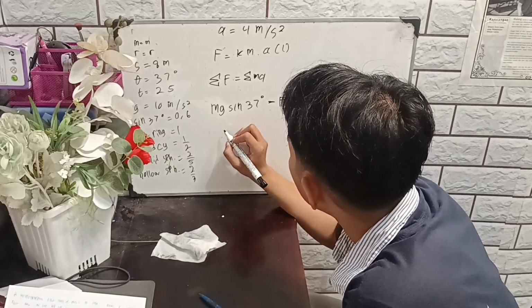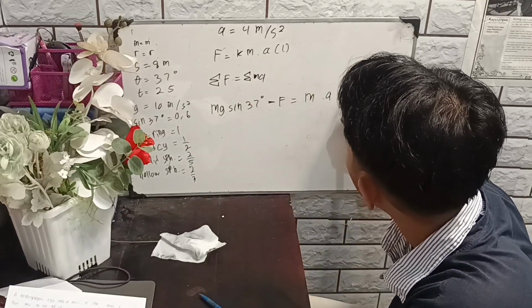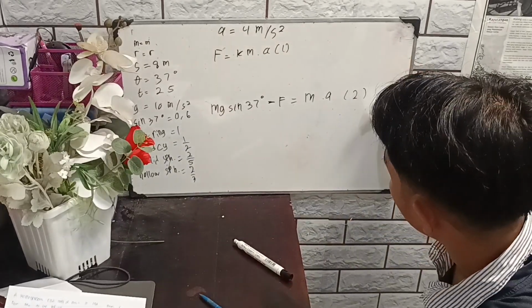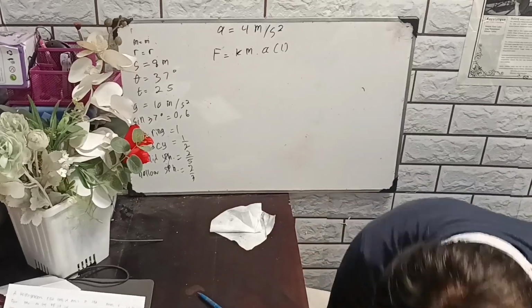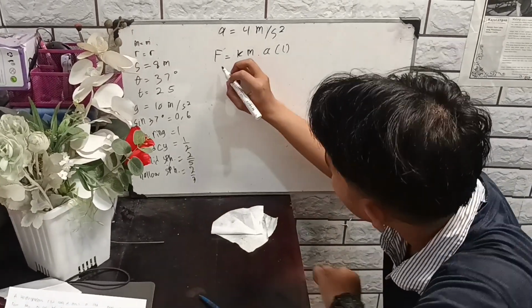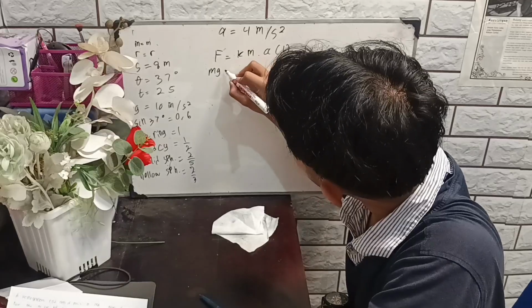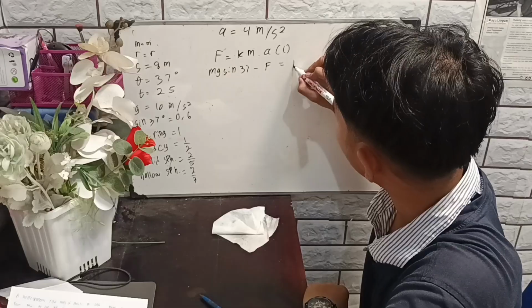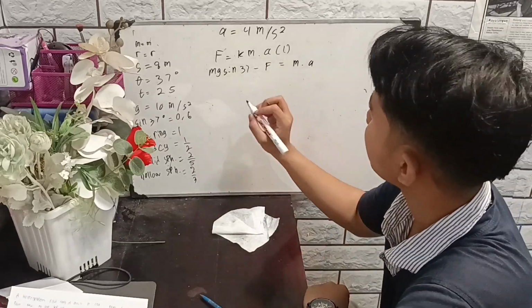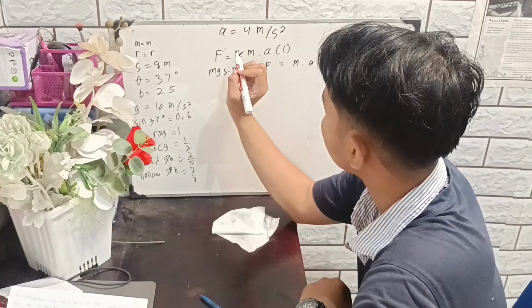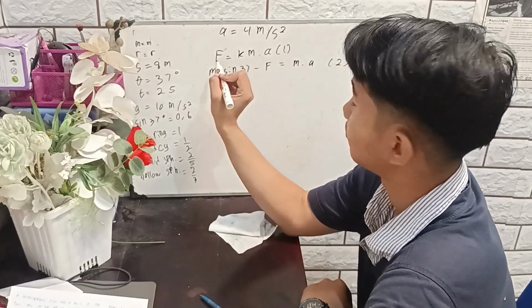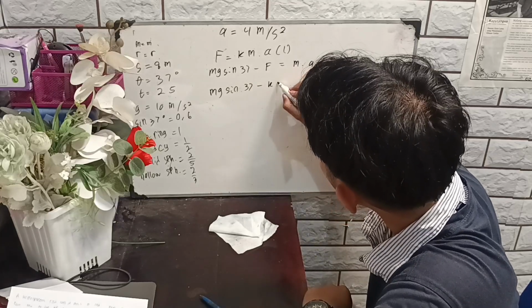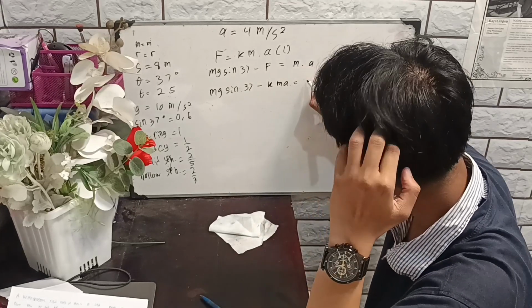This is our second equation: m g sin 37 minus F is equal to m times acceleration. Substituting F, it becomes m g sin 37 minus k m acceleration is equal to mass times acceleration.